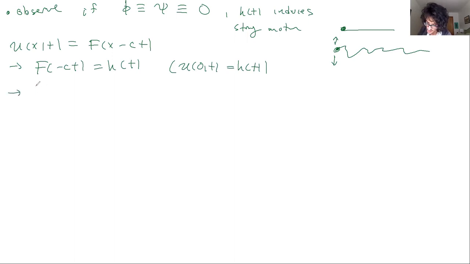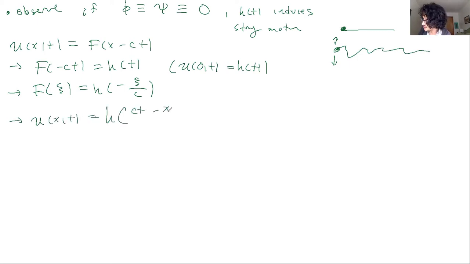And so if we convert just to f(xi) is equal to h(-xi/c), then this means that u(x,t) is going to be equal to h(t - x/c). So whatever's happening at the boundary, that's just propagating out and to the right. So here's a case where you just get rightward propagation of information.